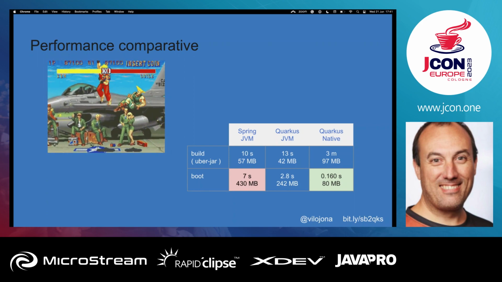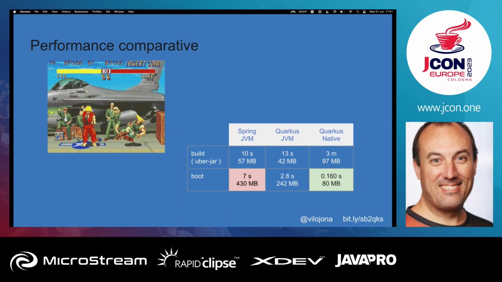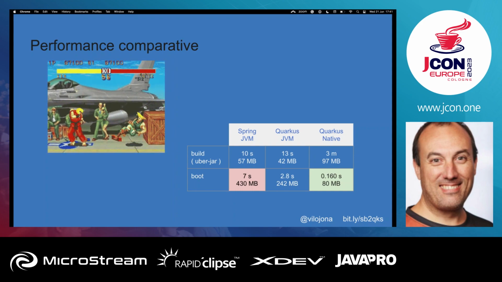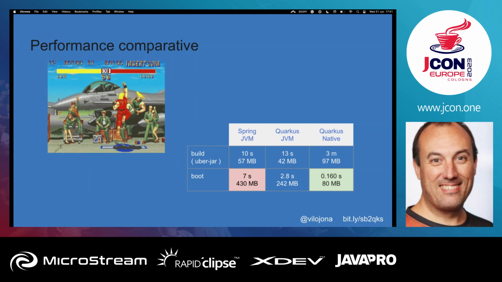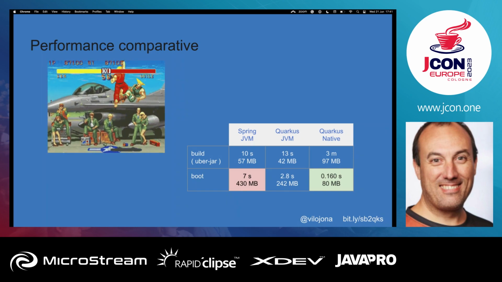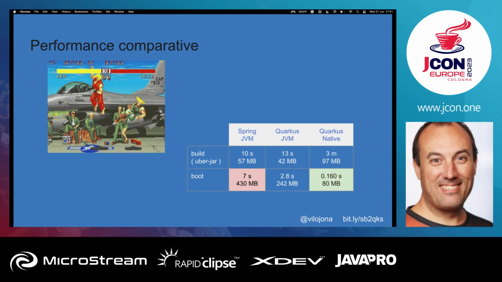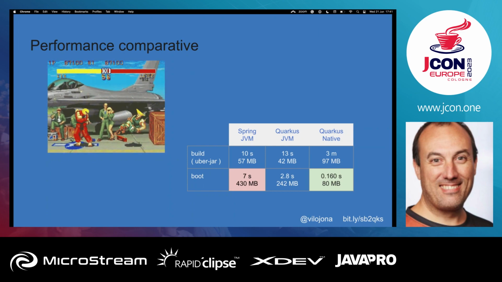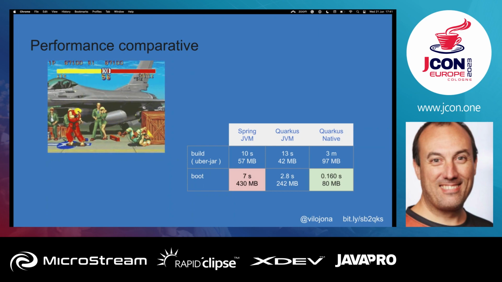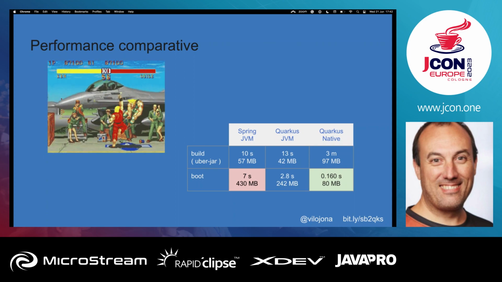You can have a way of having dynamic loading, but basically that means that everything has to be defined before build time. That's why, for instance, reflection is something that can penalize this a lot. So Quarkus needs libraries that have been optimized to work with Quarkus. If you try to use a library that is not optimized to work with Quarkus, it won't work.